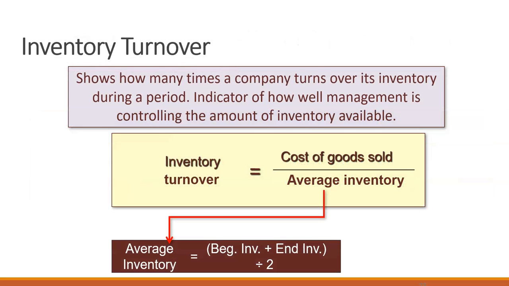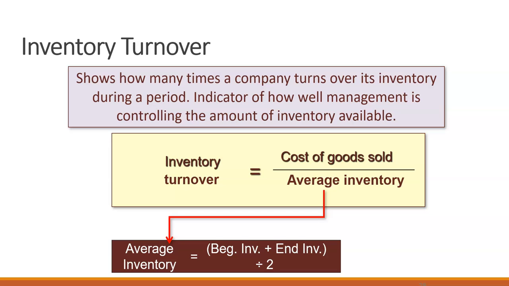Now we're going to look at some ratios that we can use to analyze how well a company is utilizing their inventory to make money. So the first one is the inventory turnover ratio. This shows how many times on average a company can turn over its inventory during a period.